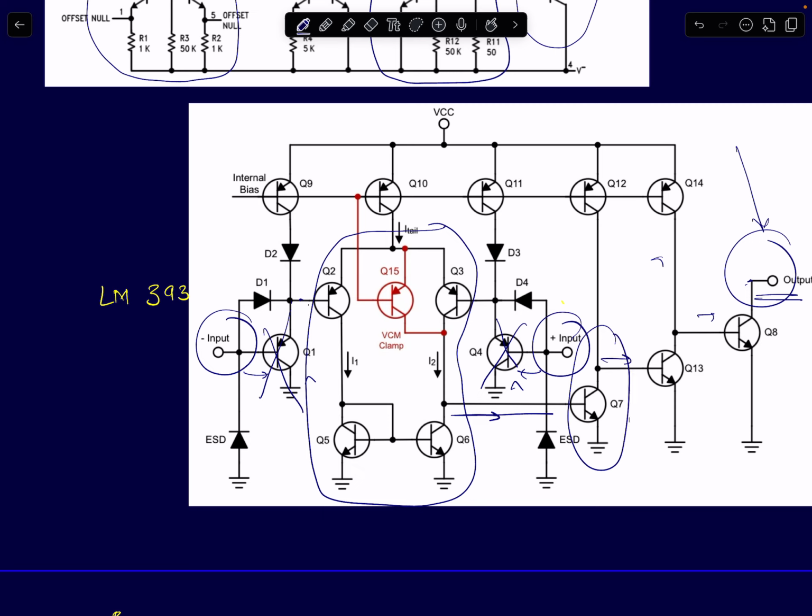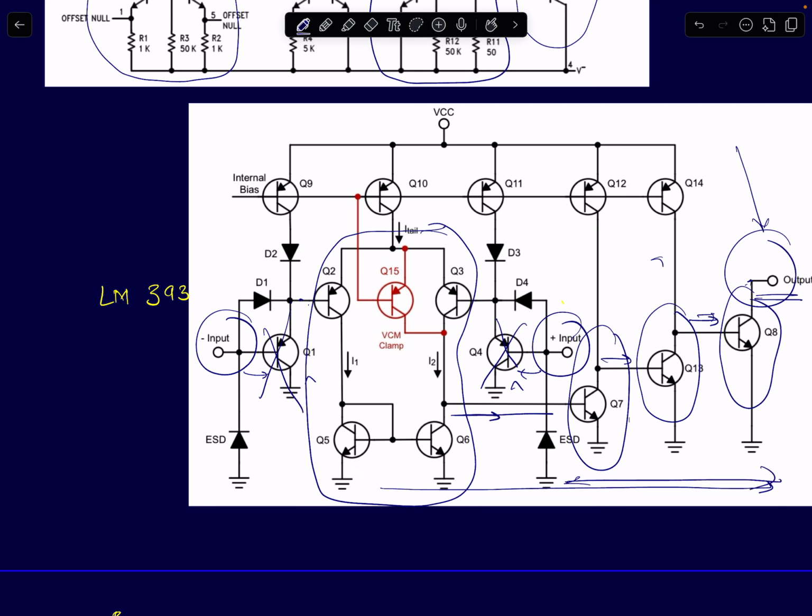That output is then fed to another common emitter amplifier, which is again a high gain amplifier, which is then fed to another common emitter amplifier, again a high gain amplifier. So here you have nearly a cascade of four common emitter amplifier stages. The first stage is a PNP common emitter. The next three stages are NPN common emitter stages.